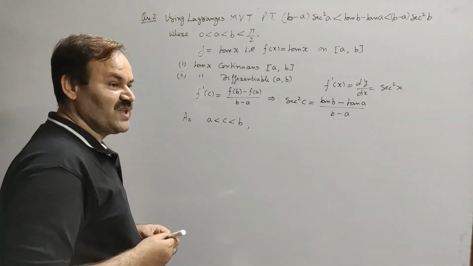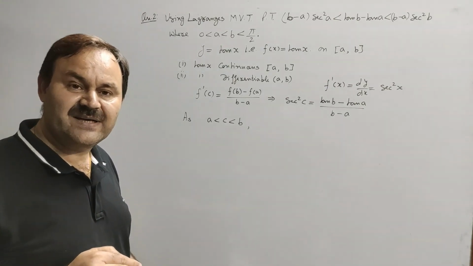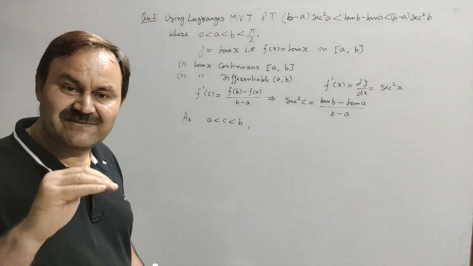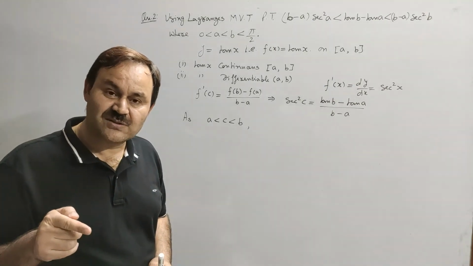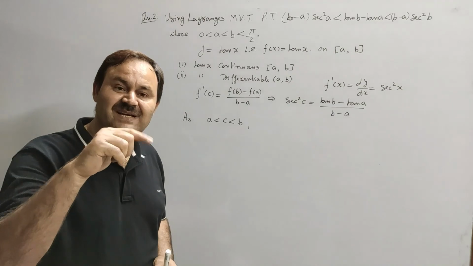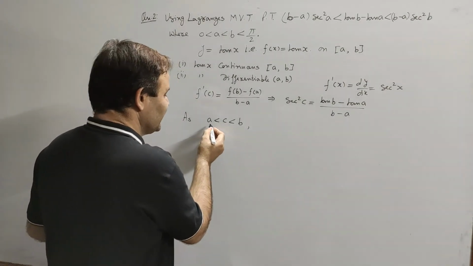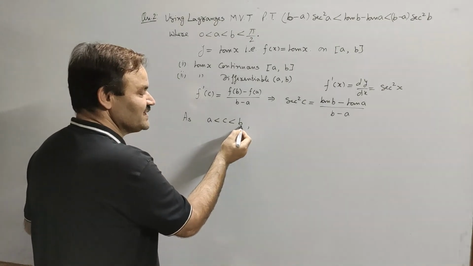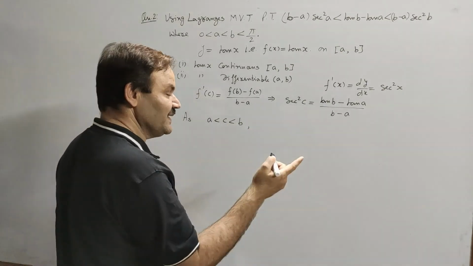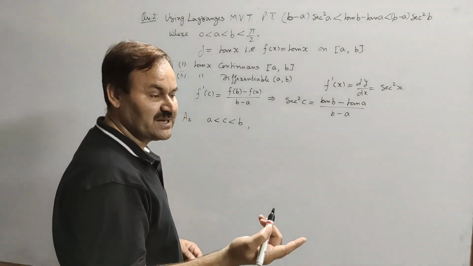It means if the angle increases, then cos of the angle will decrease, and sec is 1 upon cos, so sec of the angle will increase. This means if sec a is less than sec c is less than sec b, then their squares will also obey the same relationship.